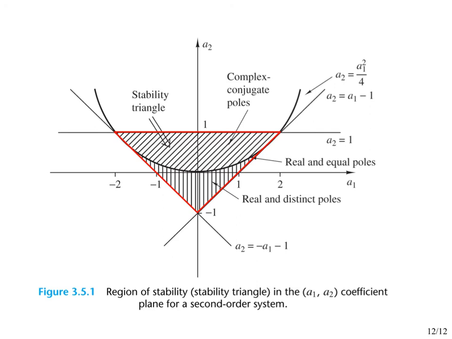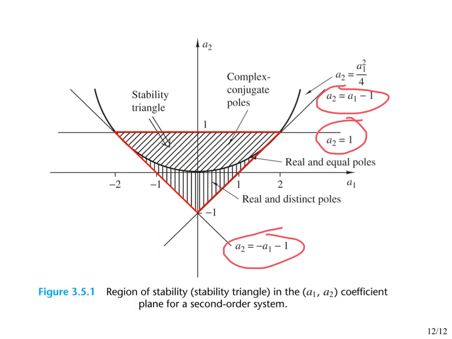If we look at this figure, right out of the textbook, the interior of the red triangle is called the stability triangle. You can see that it's defined by the line A2 equal to 1, and then these two lines, which set up the inequality that relates A2 and A1.